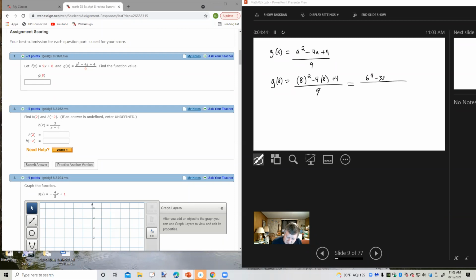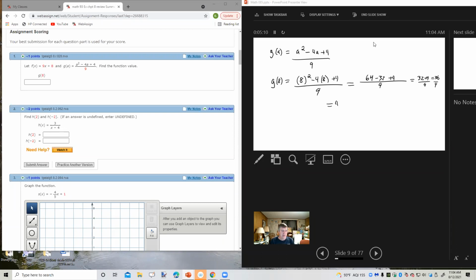Which is 64 minus, 64, it looked like 6 to the 4th power there. Sorry about that. 64 minus 32 plus 4, which is 32 plus 4 or 36, but that's all over 9.